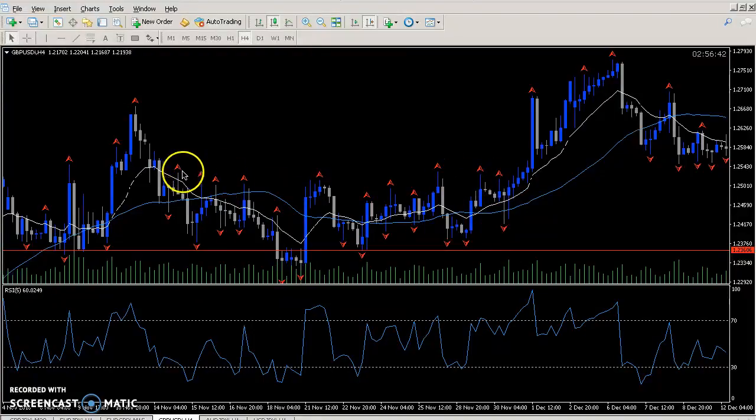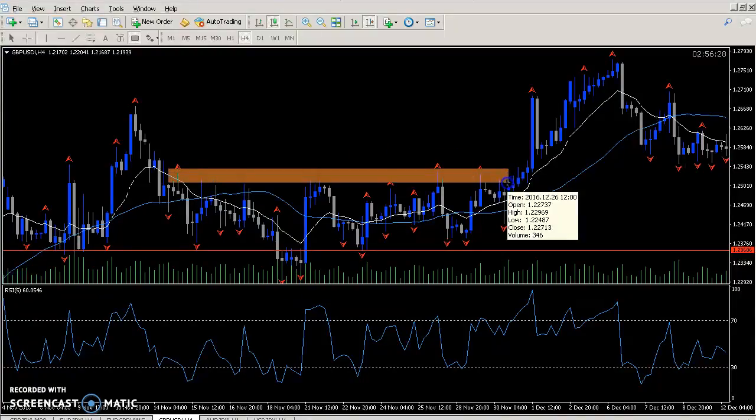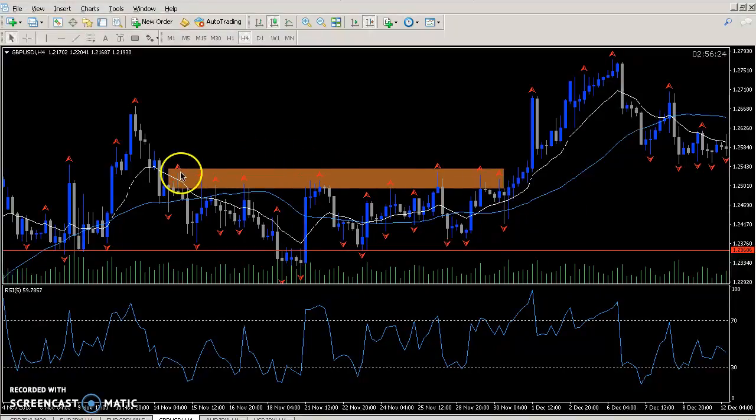You see it right here. You see where all these arrows are right here? This right here is a zone. The reason why this is a zone is because price keeps bouncing off of this, and there's a majority of candles bouncing off.